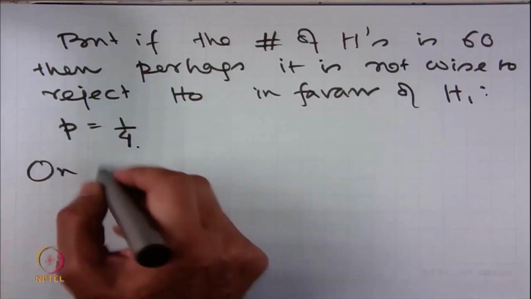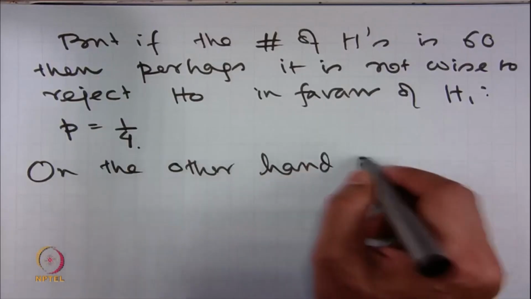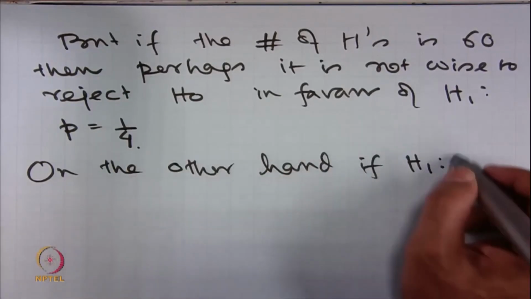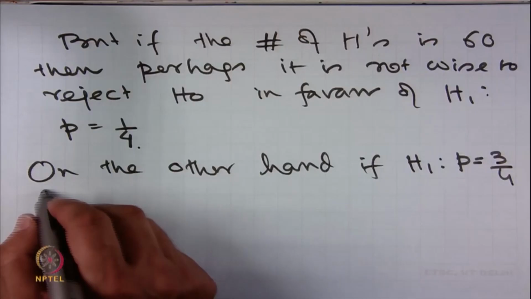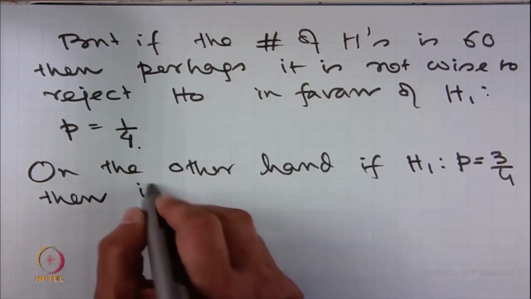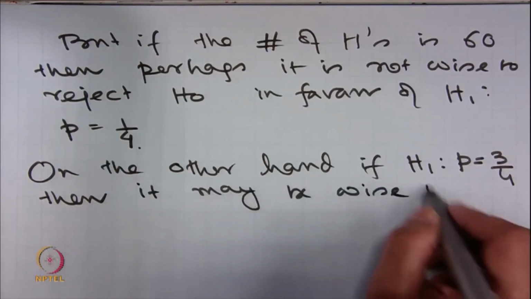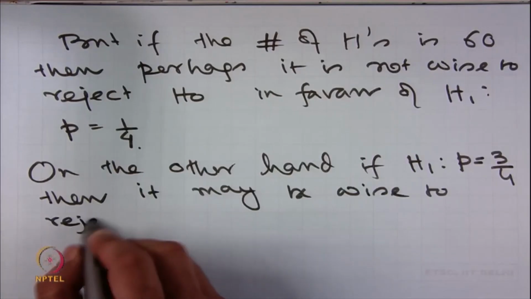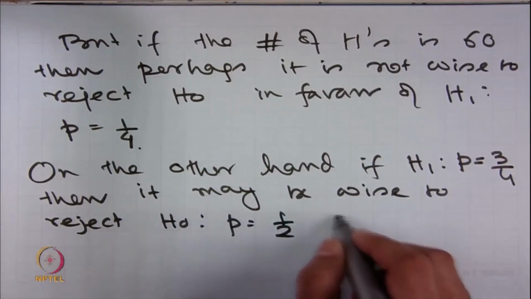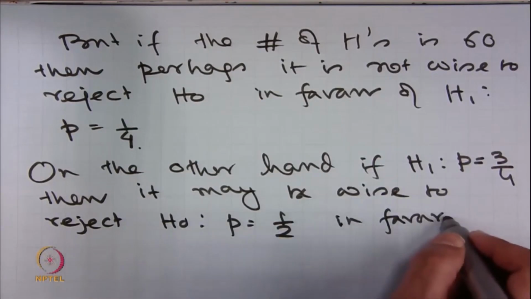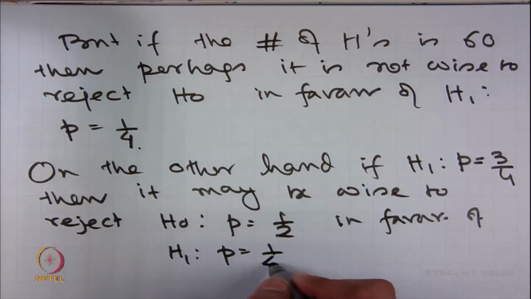On the other hand, if H 1 is P is equal to 3 by 4, then it may be wise to reject H naught, p is equal to half, in favor of H1, that p is equal to 3 by 4.